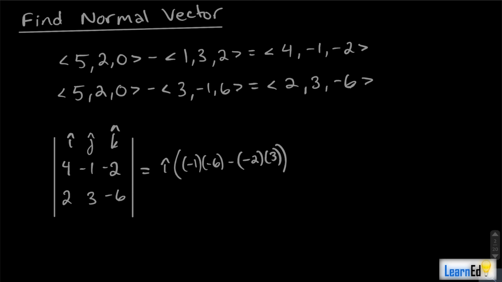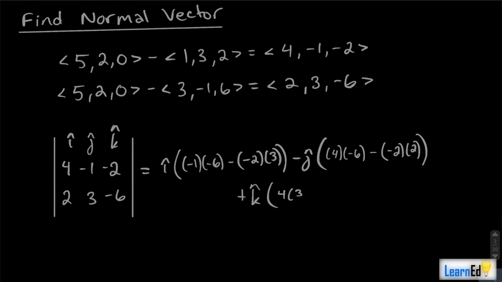Okay, and that's your i hat. Then you have minus j hat times 4 times -6 minus a -2 times 2. And then you have plus k hat times 4 times 3 minus a -1 times 2.